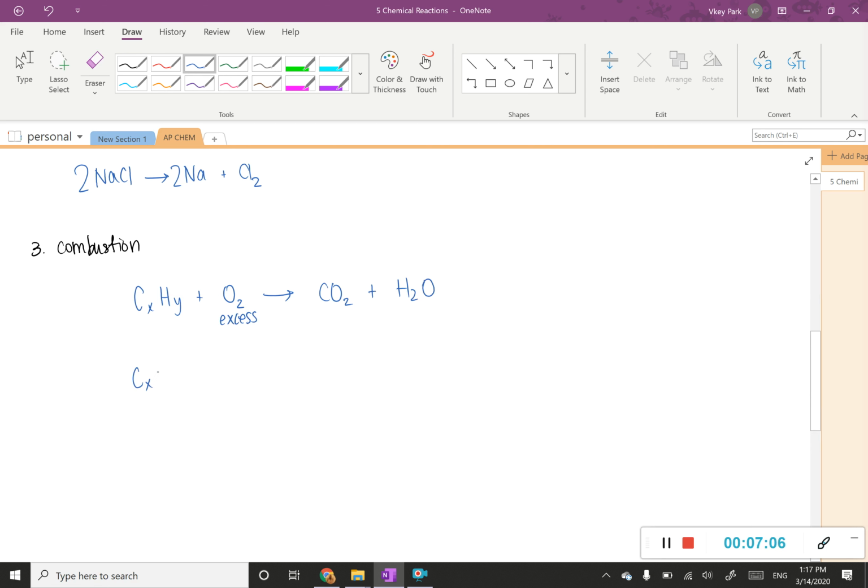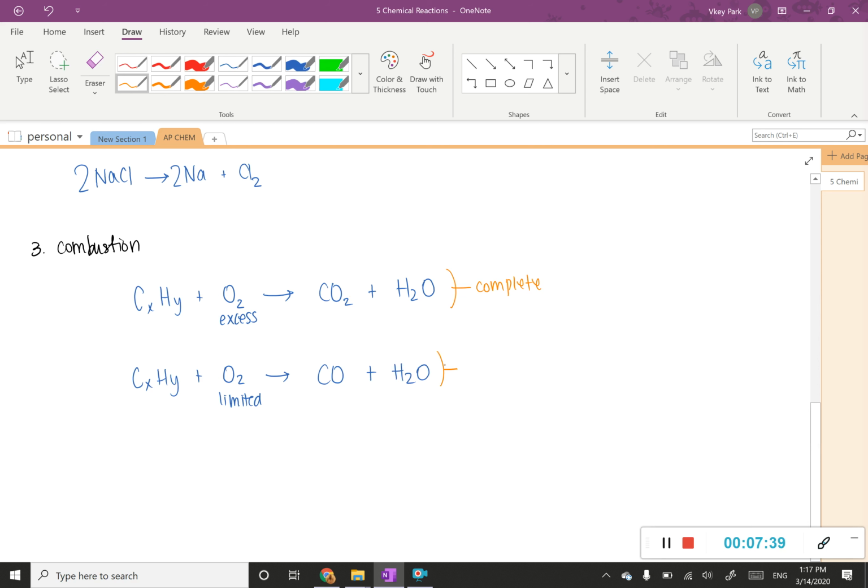This is why you do campfires outside, because you want unlimited amounts of oxygen and you create a ton of carbon dioxide. So this is complete combustion.